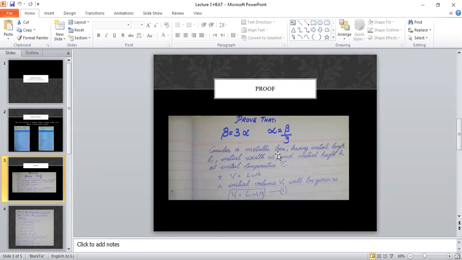Firstly, we would consider a metallic box, this time a 3D structure having initial length of L1, right? Then width of W1, and you can see it here. This is the structure. This part is L1.